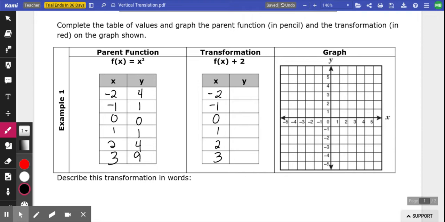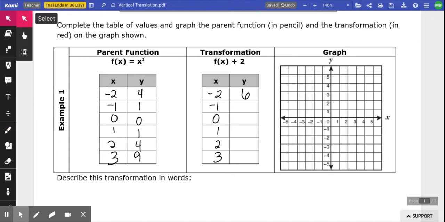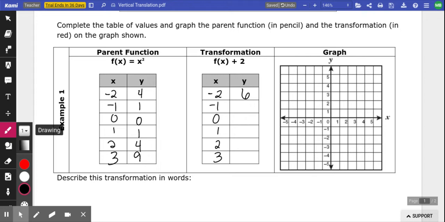So -2 times -2 is +4, but +4 plus 2 is 6. -1 times -1 is +1, but +1 plus 2 is 3, and so on. I'm adding 2 to each of my y values in the previous table.